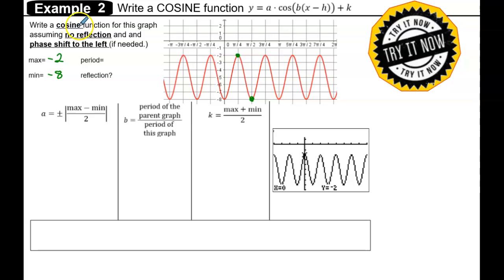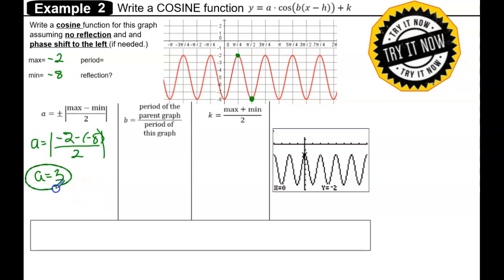And the problem tells us to use a cosine function assuming no reflection, which tells me that my A is going to be positive once I find the absolute value of the max, which is -2, minus the min, which is -8. And two negatives make a positive, so I have -2 plus 8, which is 6, divided by 2, which is 3. So my A is equal to 3.